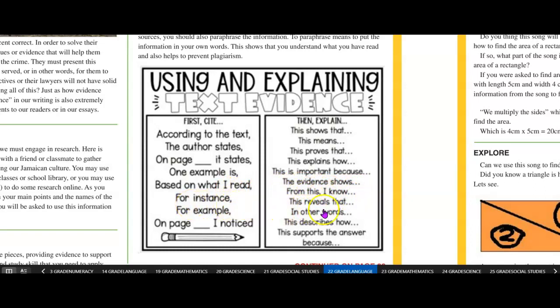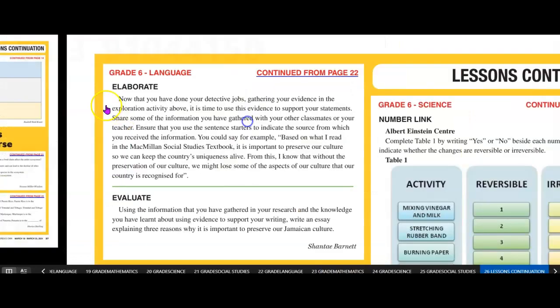For instance, this reveals that, for example, in other words, or this describes how, on page so and so I noticed, this supports the answer because. So these are some clues or prompts that show that you are using and explaining text evidence.